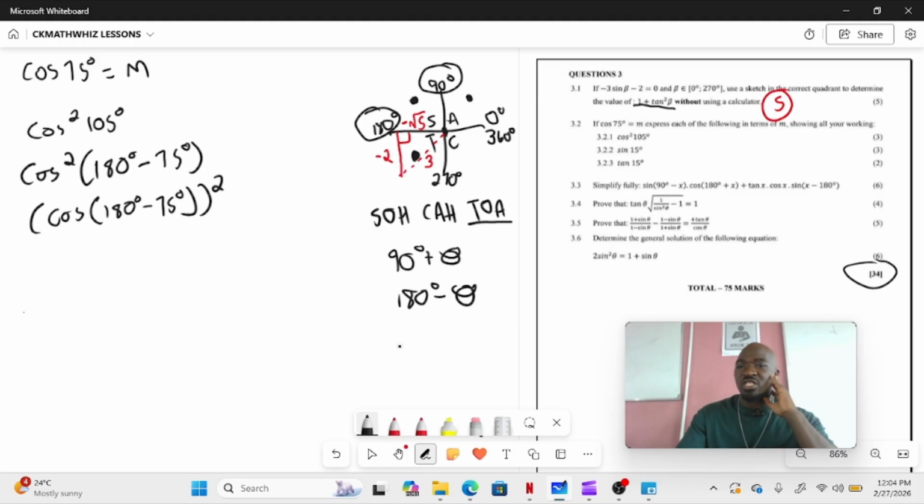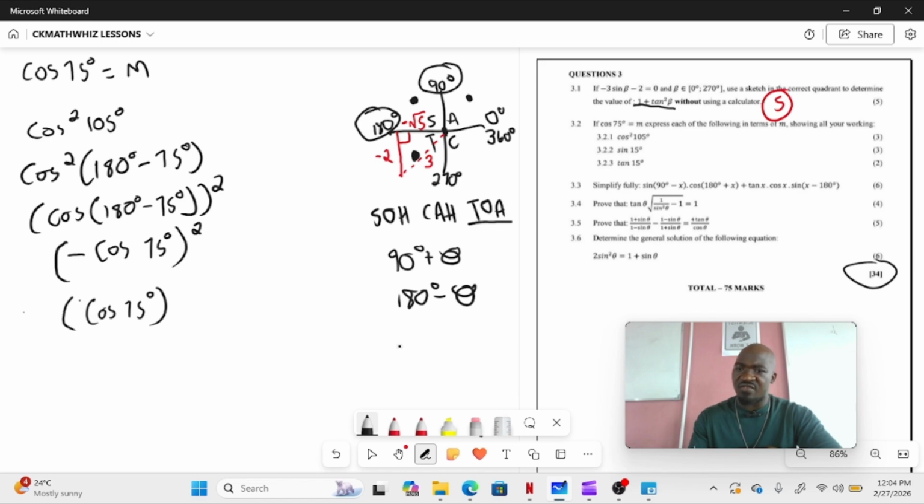Then since we have 180 degrees minus 75 degrees there, we know for a fact that cos of this is negative cos 75 degrees. Why? Because in our second quadrant, only sine is positive. Then negative times negative is positive, so it's positive cos 75 degrees.